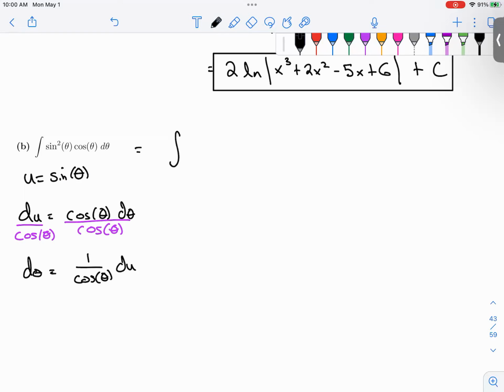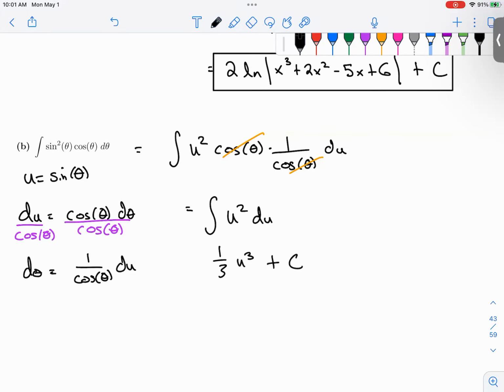So this becomes the integral of u squared times cosine theta times 1 over cosine theta du. And look at that, the cosine thetas cancel. Therefore, at the end of the day, this becomes the integral of u squared du. And that is a nice integral that is purely in terms of u, so we can integrate it. The integral of u squared would be 1 over 3 u cubed plus a constant c.